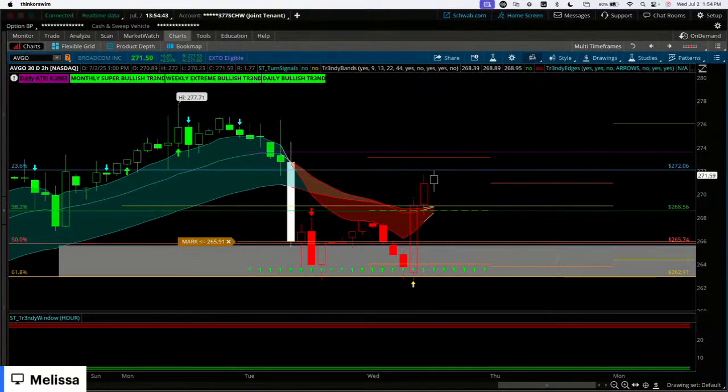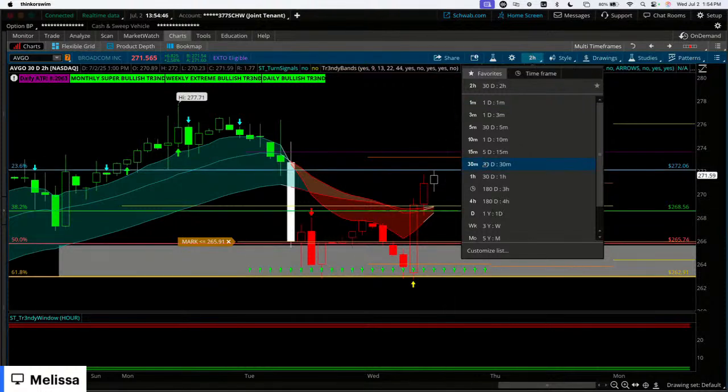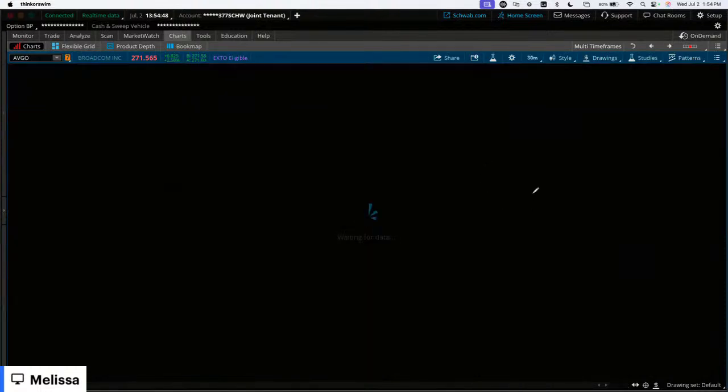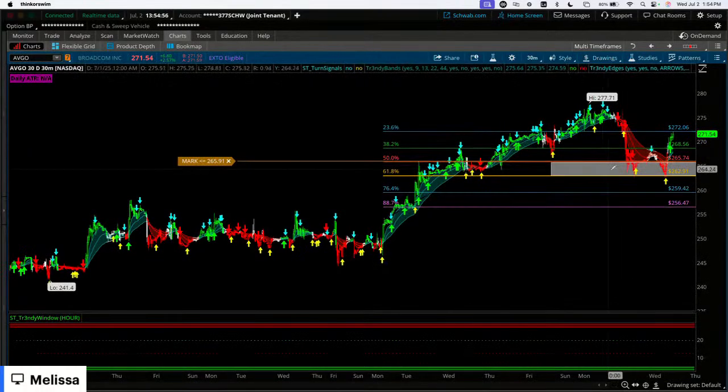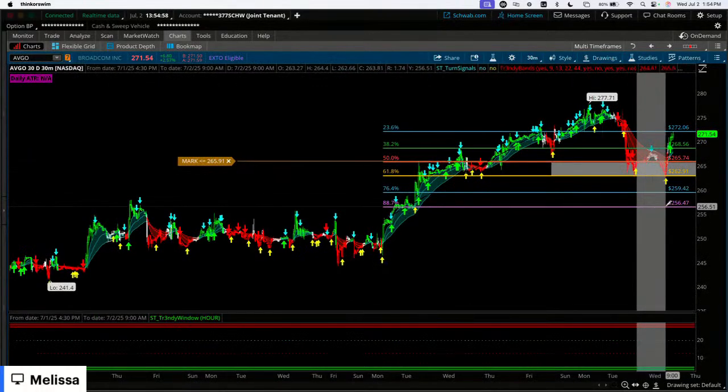If I were using the Monster Momo, I would use a 30-minute chart for this daily time frame golden pocket dip buy. I would use a 30-minute Momo.